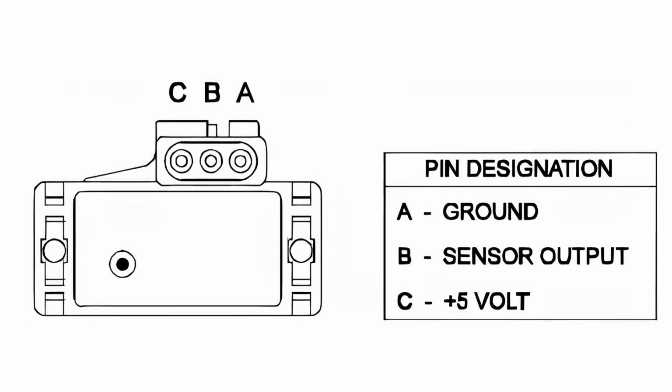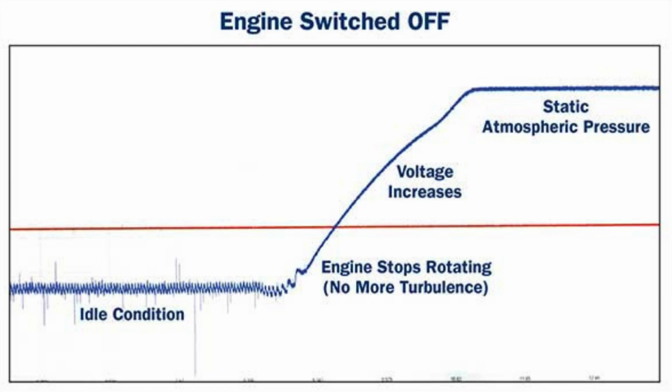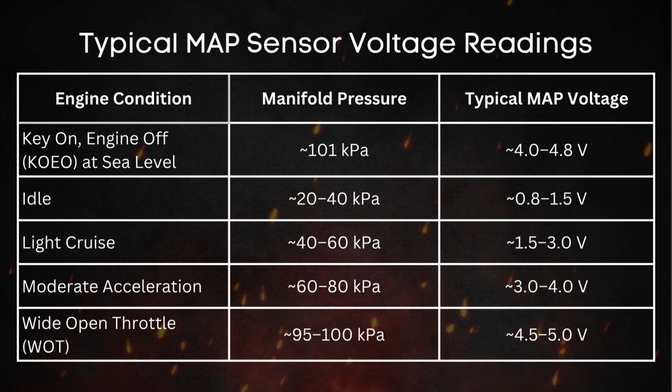It then sends back a voltage signal that changes according to the pressure inside the intake manifold. As a general rule, the higher the manifold pressure, the higher the MAP sensor voltage. With the key on and the engine off, the sensor typically reads around 4 to 5 volts. At idle, cruising, acceleration, and wide-open throttle, the voltage changes as shown in the table.